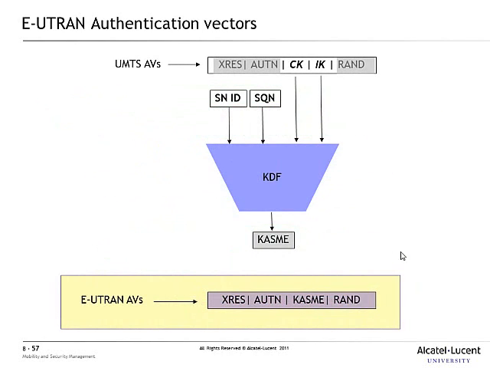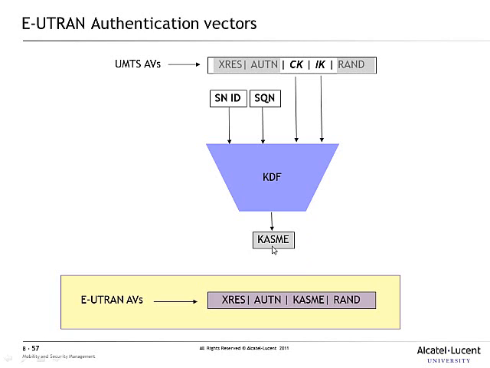Well, in the case of LTE, we take the basic ideas of the UMTS security, these 5 pieces of information from UMTS security, and we put these into an algorithm called KDF, and that gives us something called KASME.